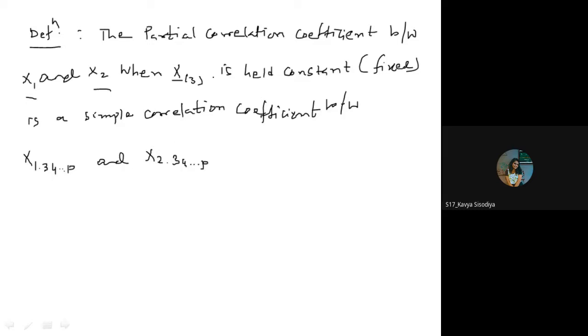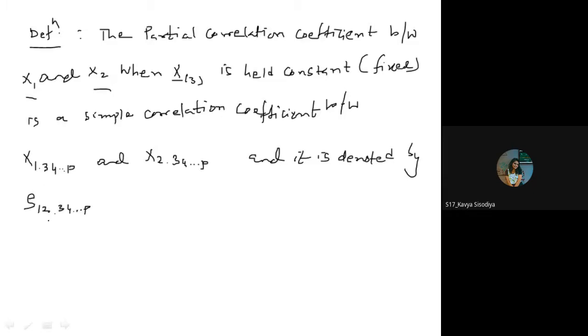So it is a simple correlation between the residue of the regression of x1 on x3, x4, up to xp and the residue of the regression of x2 on x3, x4 up to xp, and it is denoted as the correlation between x1 and x2 when 3, 4, up to p are held constant.